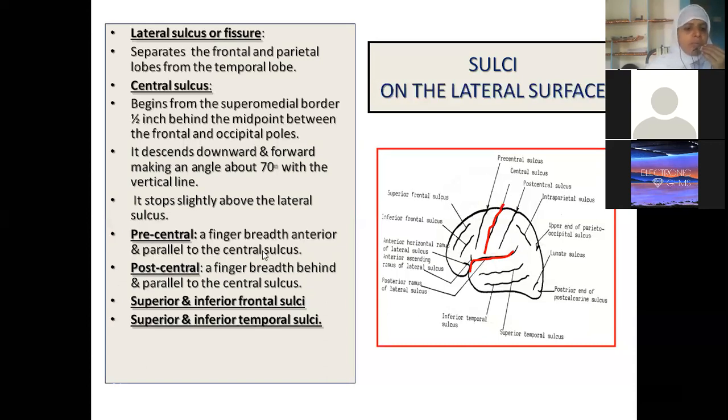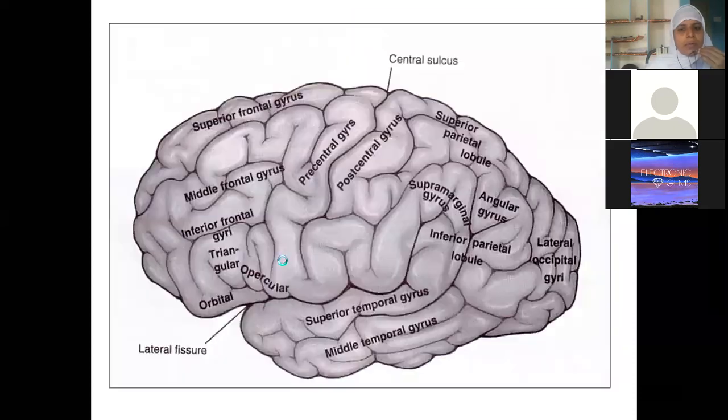Precentral, I told you everything, whichever is coming here. In the exam, generally you will be given a brain and you should be able to identify these, and these are all arbitrary, sulci and gyri. It's not like exactly this is the only central sulcus. Here and there also, if you say it, it's okay, but at least you should have some parameters to check.